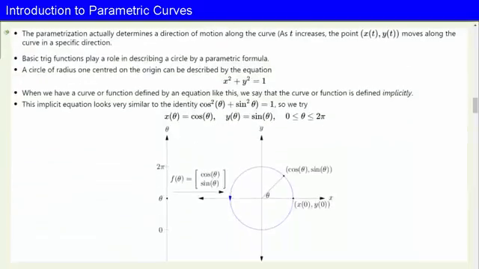Notice that the parameterization actually determines a direction of motion along the curve. That is, as t increases, the point x(t), y(t) moves along the curve in a specific direction.